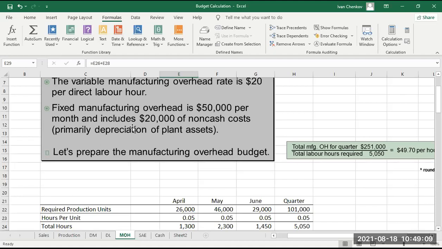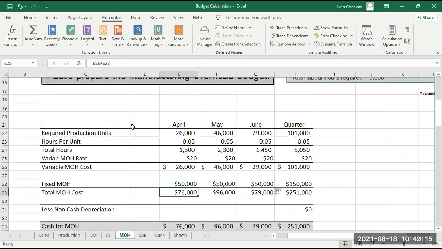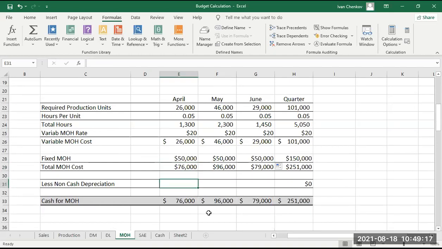Yep. Do you understand the logic for the depreciation, I'm not paying? Yes. Okay. So I'm going to deduct the depreciation here, 20,000, in order to get the cash that I need for the manufacturing hours.